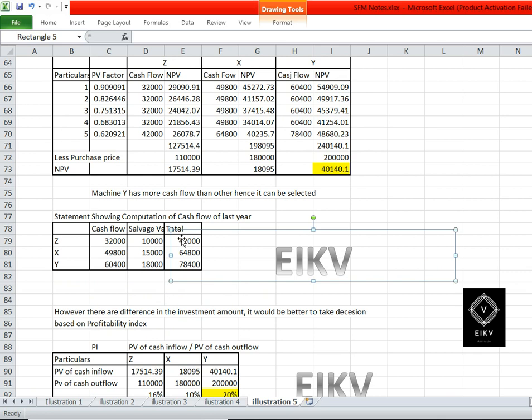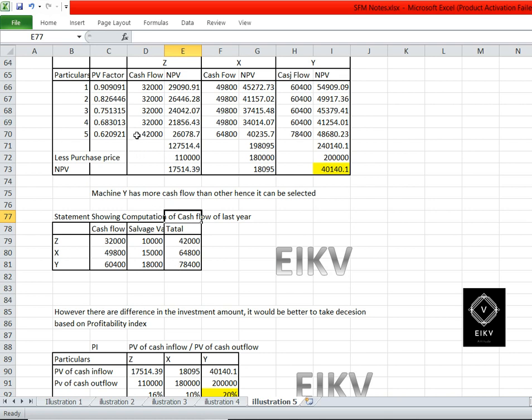So in the fifth year we have 42,000 here, 64,800 here, and 78,400 here.